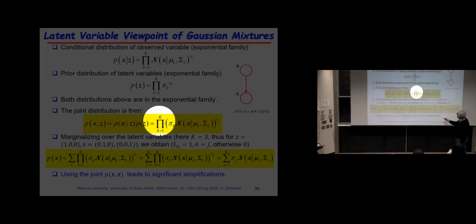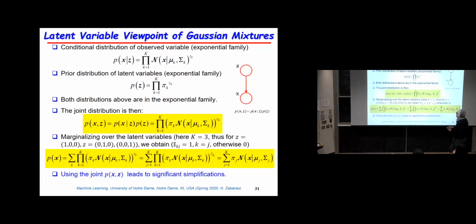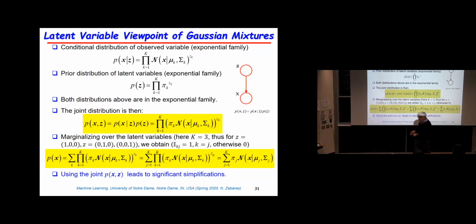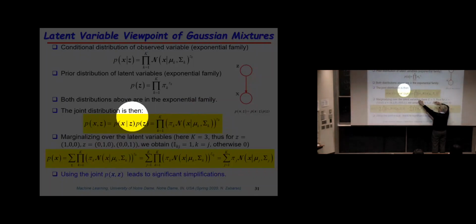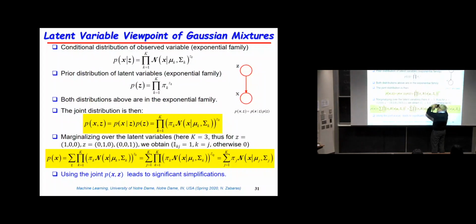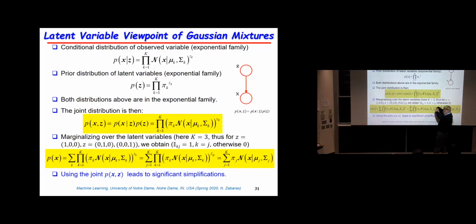It comes from this prior. And where p of x given z comes from, you remember, if I know that z1 is equal to 1, what should I have as a contribution here on the right hand side? What Gaussian should I have? If I know that z1 is equal to 1, it gives me basically N of x given mu1 and sigma 1. That's the first Gaussian.